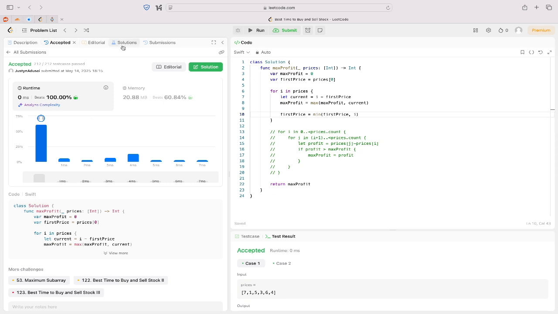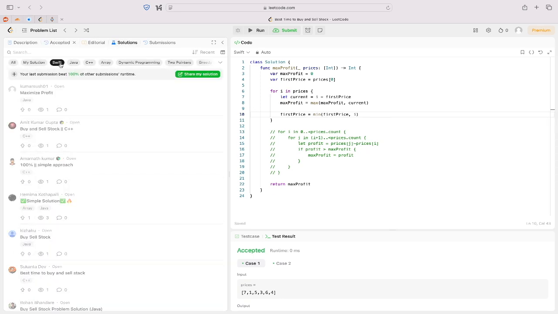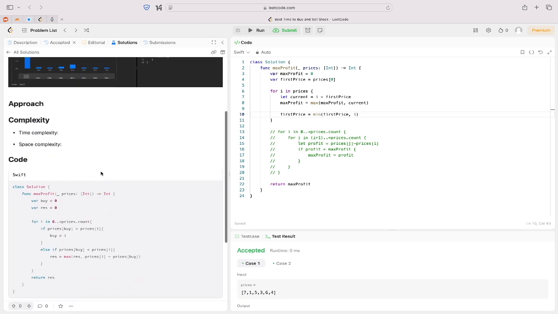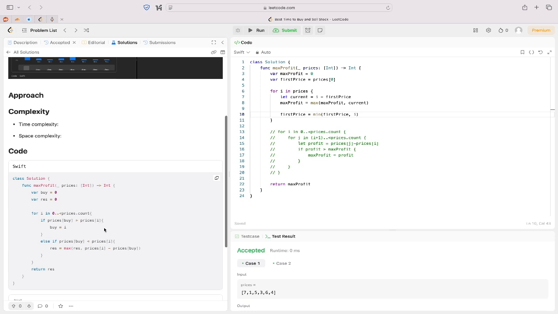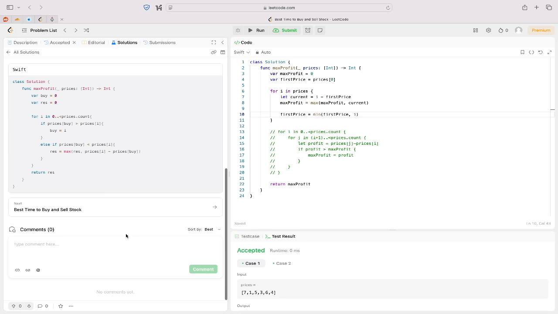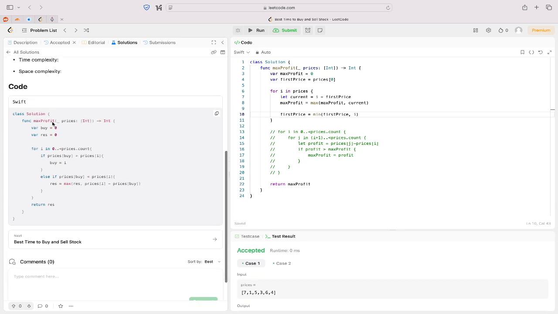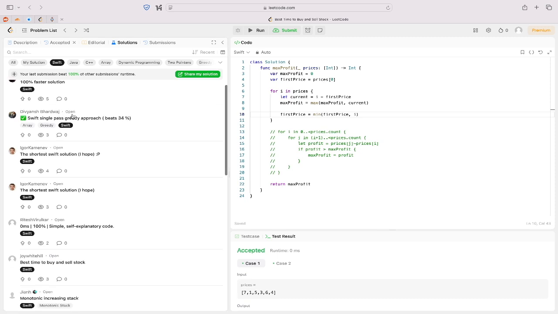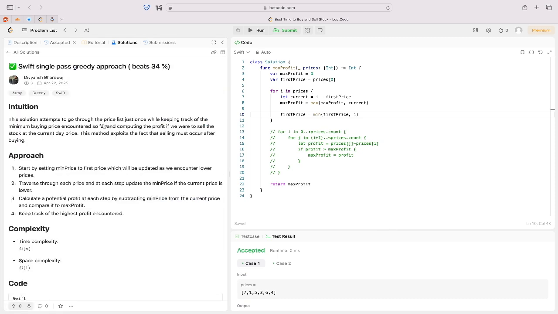Okay, so let's look at some of the solutions. 100% faster solution. I think they're going to do something similar to what we were trying to do. Single greedy pass approach.